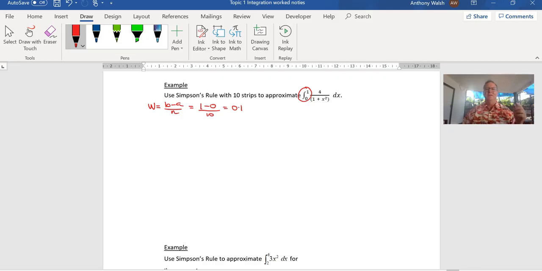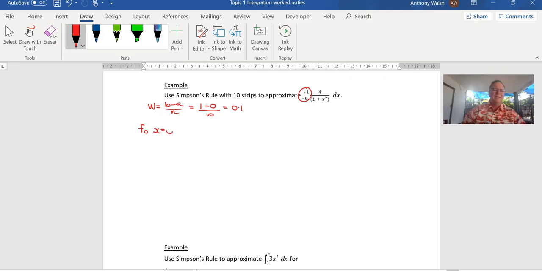Now, how do I find the lengths that I'm interested in? Well, we don't need to find the integral of 4 on 1 plus x squared. By putting values of x into that function, we already know what the values for y would be. So now the idea is, okay, I need some values. N values, odd values, even values. Starting with f0. Now where does f0 occur?